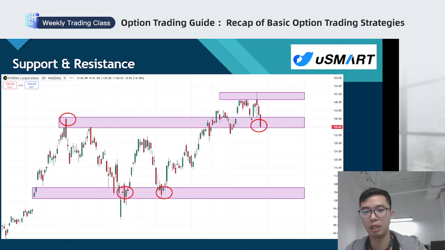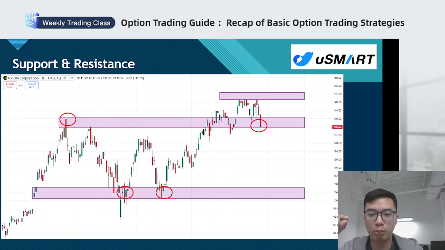Okay, in this case is Nvidia. I think the price action is from a few weeks ago. You can see that there's a support resistance, and then it breaks out, and then it tests back, and becomes a resistance again, or becomes support, because the very right one still doesn't have any significant entry signal yet, because it's just a red bar.